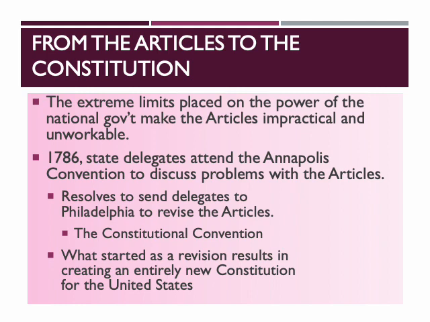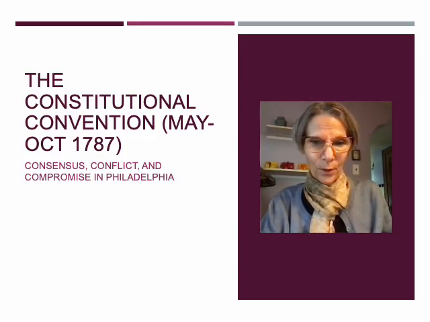Once at the Constitutional Convention that started in 1787, once they started revising the articles, they said, you know what, the revision is not enough. We're going to need an entirely new constitution for the United States. All right, so that brings us to taking a look at the Constitutional Convention.